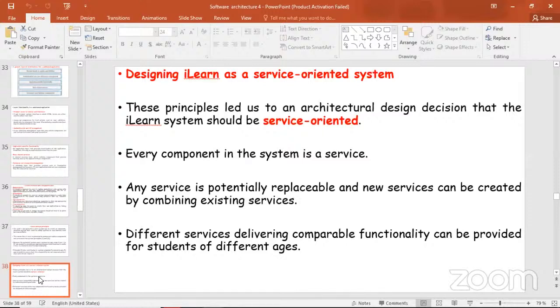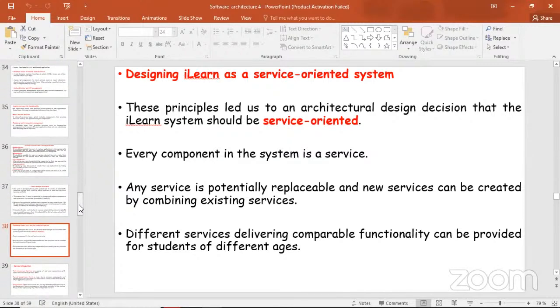Designing airline principle as a service-oriented system. This principle led us to an architectural design decision that the airline system should be service-oriented. Every component in the system is a service. Any service is potentially replaceable and new services can be created by combining existing services.